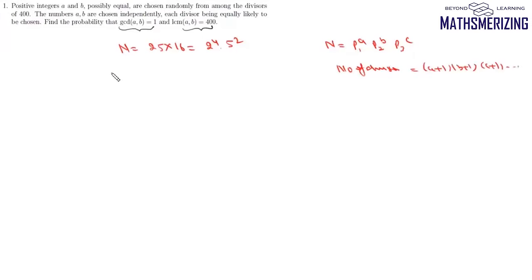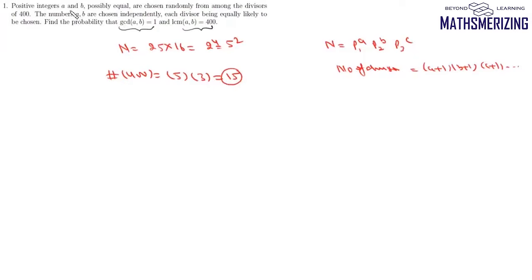So in the case of 400, the number of divisors is 4 plus 1, which is 5, times 2 plus 1, which is 3. So in total we have 15 divisors of 400.